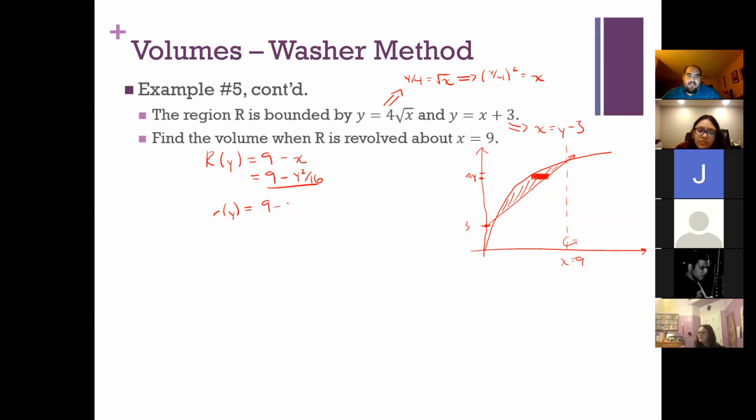So 9 minus x, or 9 minus y minus 3. And I think you might have had a bit of a sign issue there. Oh, I mean, 12 minus y. Yeah, 12. So just be careful, take it as slow as you need to, but sign flips are always dangerous. All right, so we got good expressions now for capital R and r, so the outer radius and inner radius.